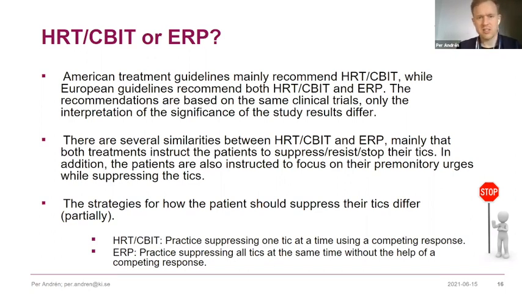In HRT and CBIT, you practice suppressing one tic at a time using a competing response, like a movement with your body. If you have an arm tic going like this, you might cross your arms like this to prevent the arm tic from occurring. And in ERP, you do not use any competing response. Instead, you suppress all tics at the same time with just more or less your mental power.